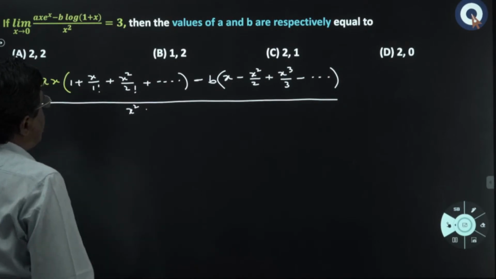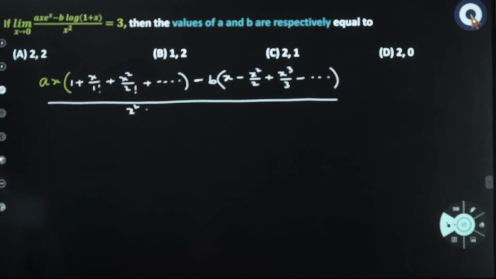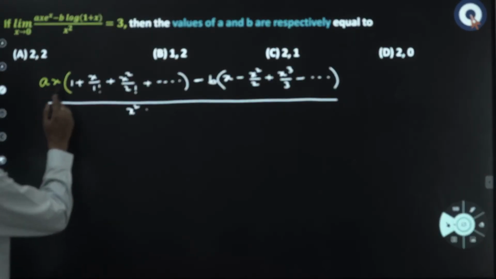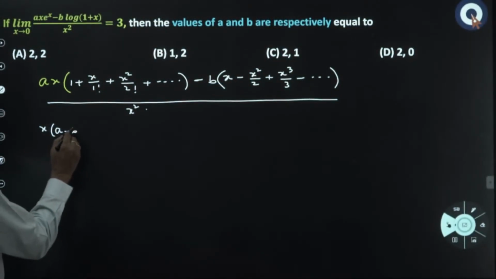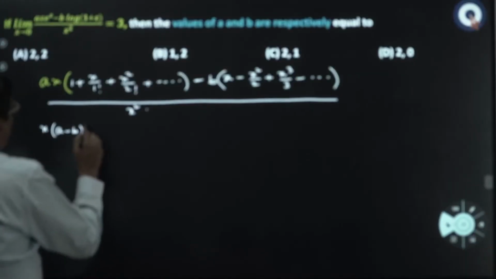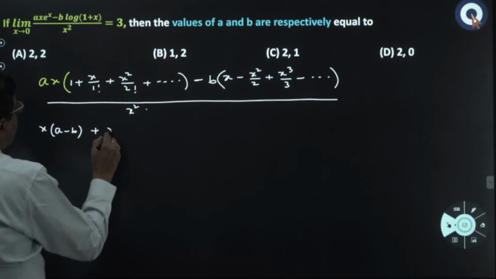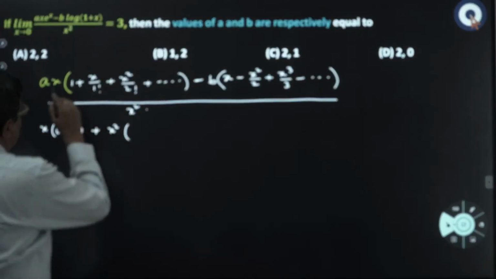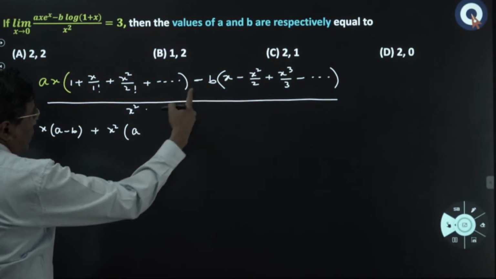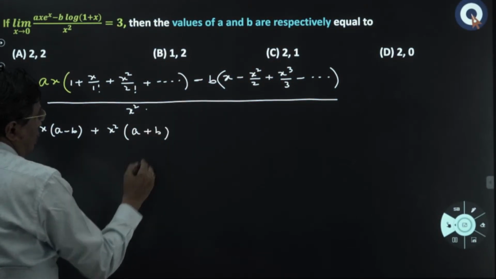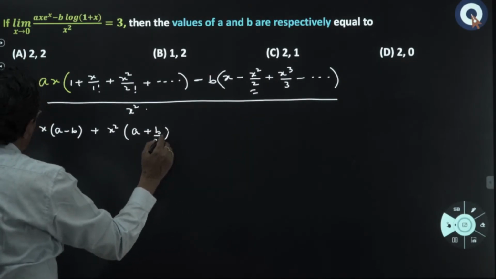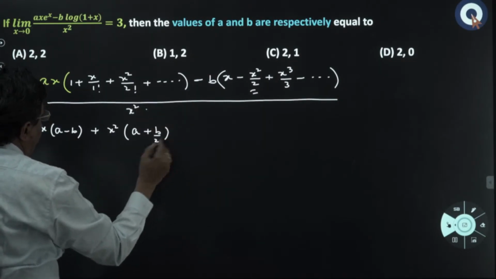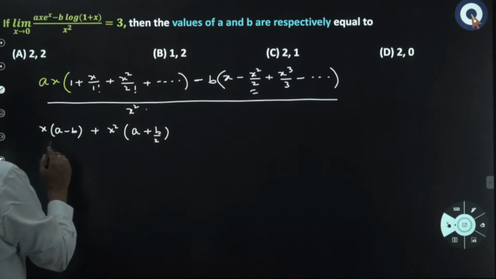Now if this limit has to exist, we get ax minus bx, which is x into (a minus b), and then x square into (a by 2 plus b by 2), and remaining terms you can ignore because x square can be taken common and cancelled.